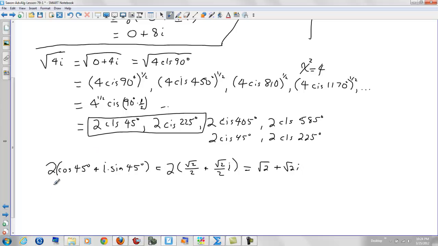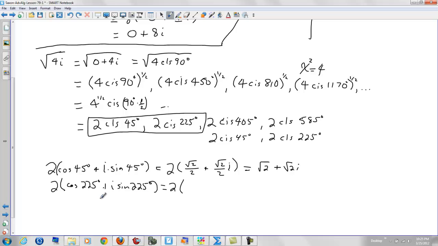And if I did it for 225, I get 2 times the cosine of 225 plus i times the sine of 225. 225 is in the third quadrant. It has a reference angle of 45, so the cosine and sine are both square root of 2 over 2, but we have to apply the correct sign to them.